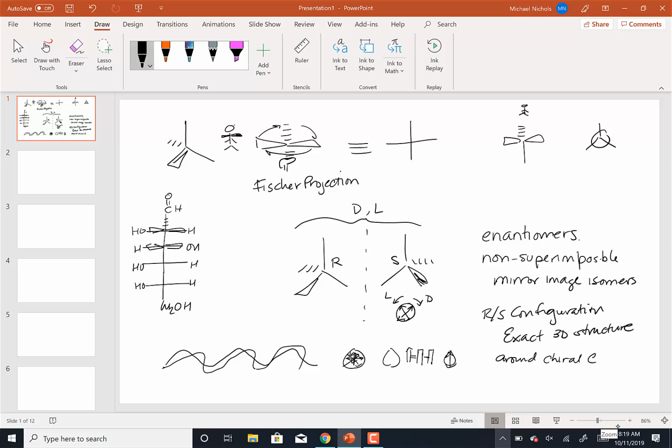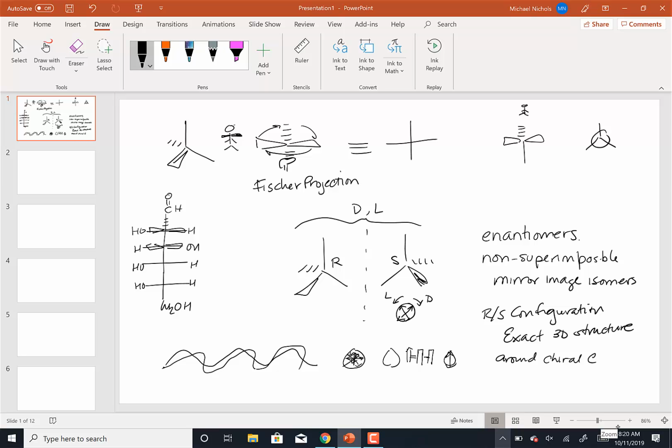So Pasteur was the one that came up with the idea of using plane polarized light. He didn't invent plane polarized light, he just knew about it, and applied it to this idea of handedness of molecules. But it just so happens that some of the acids that are in wine crystallized in the cork in a form that lets you see that they were mirror images of each other.